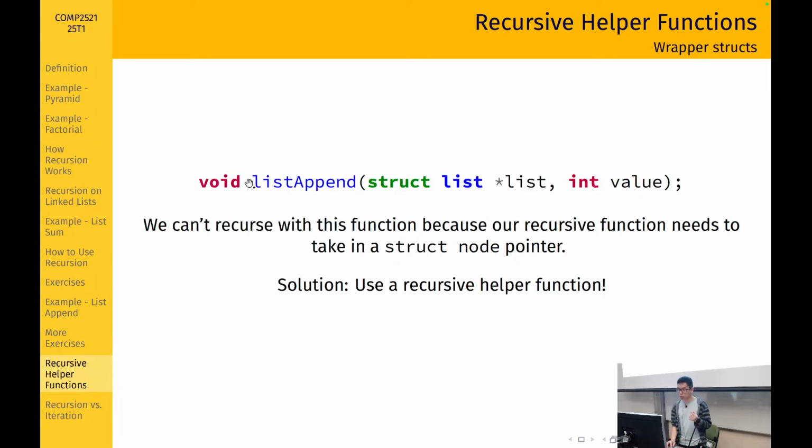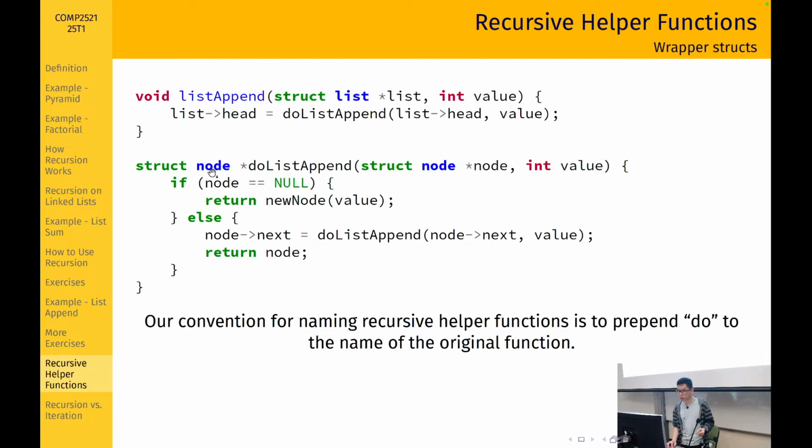So in addition to this function here, which takes in a list struct, we're going to have a helper function that takes in a node struct, and that does the recursion, right? So this function here works exactly the same as the list append function that we saw earlier, except it's getting called by this, the original function that takes in the list struct.